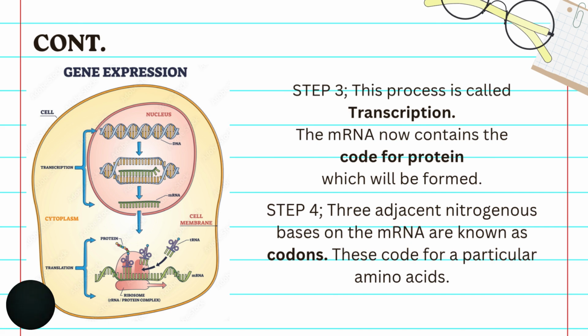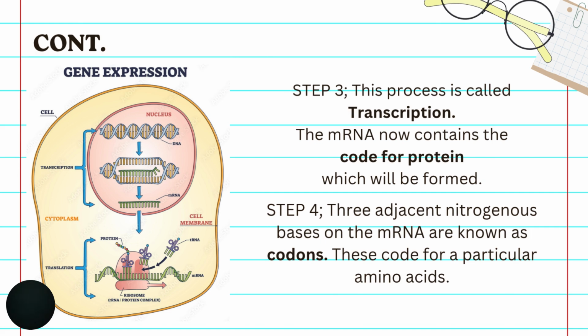Now you have an mRNA strand, which, as I told you, RNA only has a single strand. So the nitrogenous bases are exposed. When you look at the strand, you can separate the nitrogenous bases into groups of three.